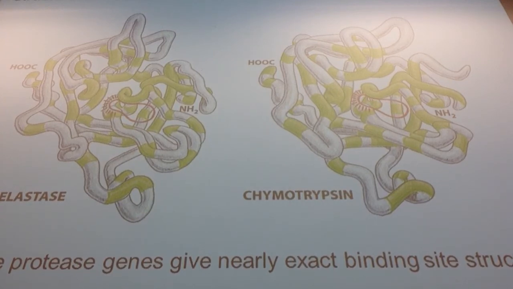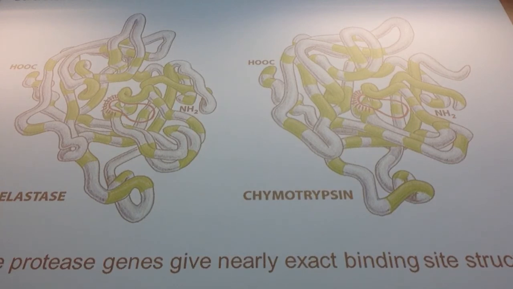And the structure to gain that function should also be conserved, right? That's the idea. And the structure then equals domain. So for instance, elastase and chymotrypsins are both what we call proteases. Proteases are enzymes that cleave proteins, that cut proteins.